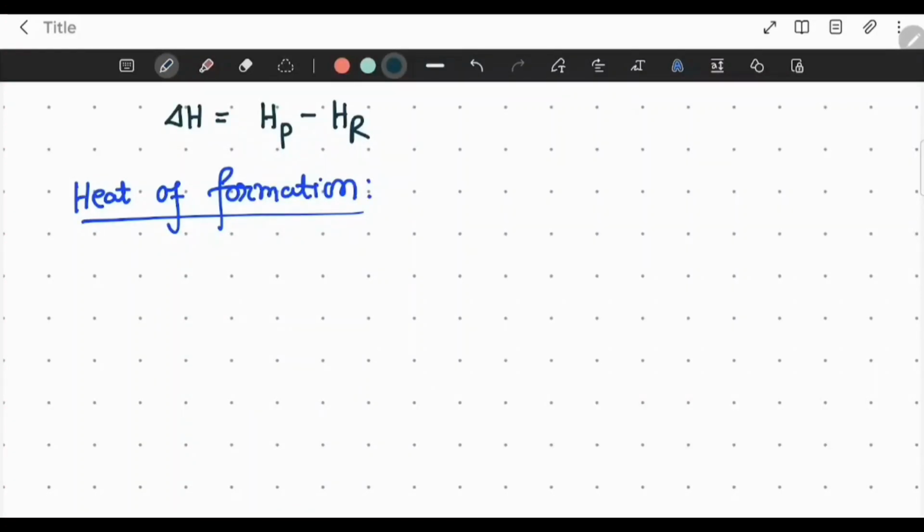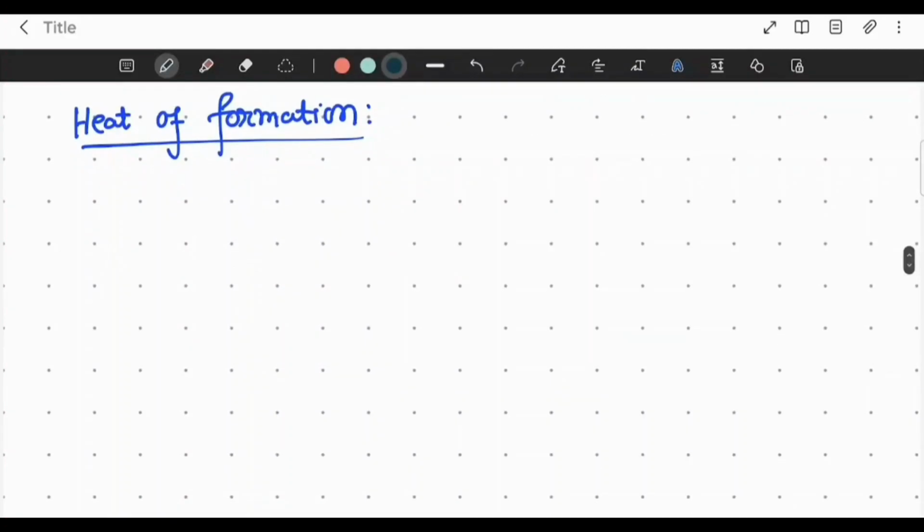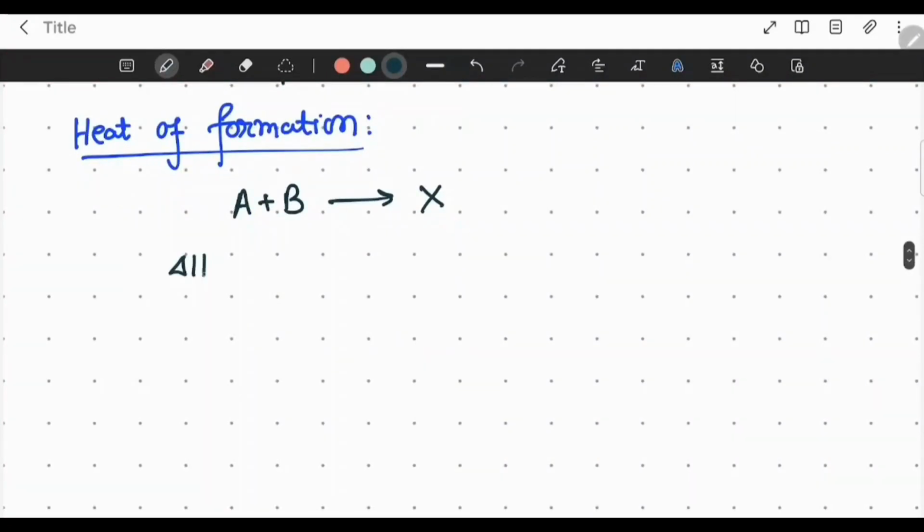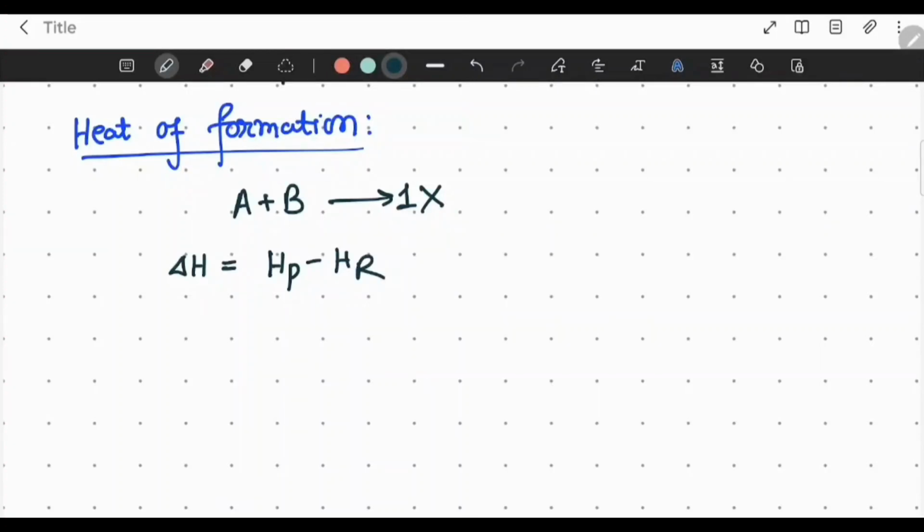It is the enthalpy change to produce some species. Let's say you are producing species X from some substance A to B. To produce 1 mole of species X, that net change of enthalpy, if it is for 1 mole only, will be called the heat of formation. Okay, so that's the basic definition.